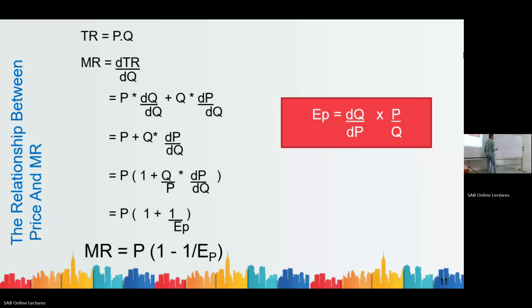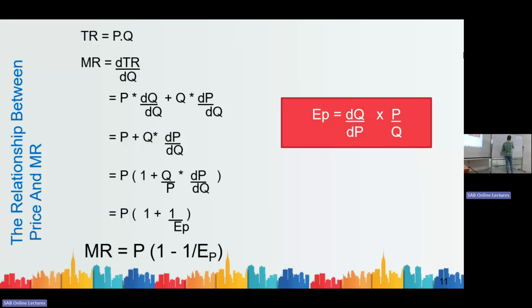Multiplied by, assume we are considering point A and B. We are going to measure the price elasticity between point A and B. Let's say at point A, the price is 8.